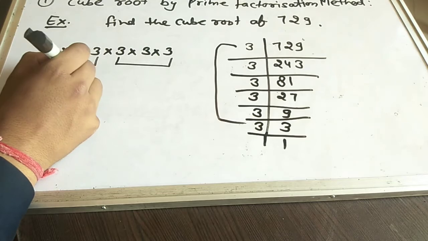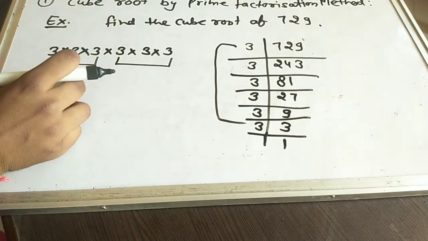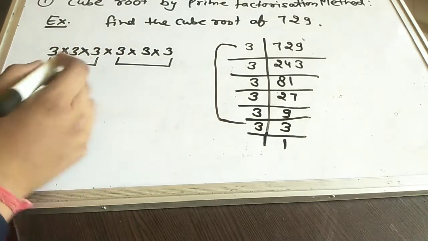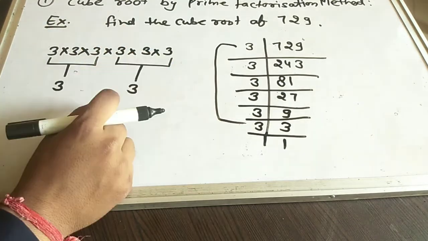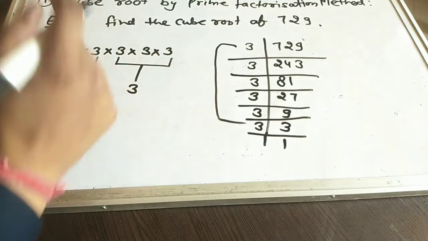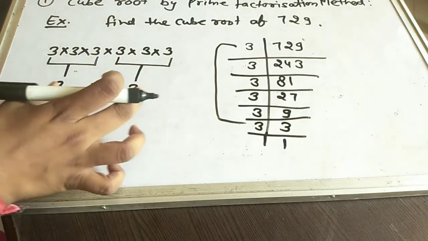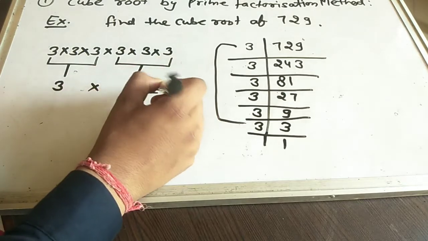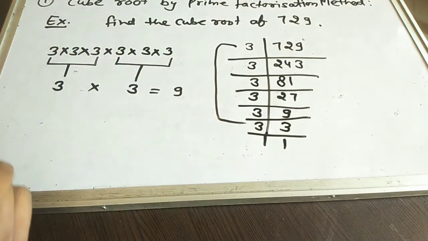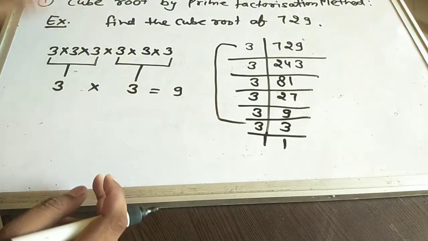Now take one prime factor from each pair. So 3 and 3 take from these pairs. Okay. And the product of these prime factors we get 9.